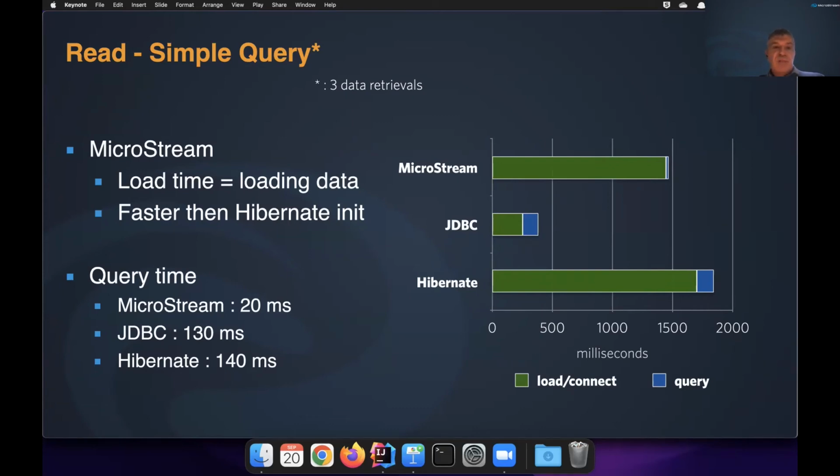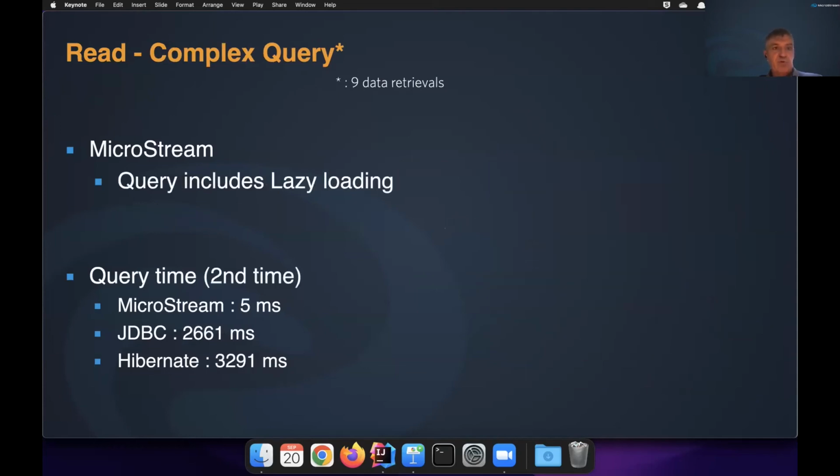But once the system is ready, so you only need to initialize it the first time, you see the blue blocks: querying the data with MicroStream is only 20 milliseconds, JDBC is 130, Hibernate 140, so they are comparable. So that means that reading the customer table through MicroStream takes 7 times less time than the traditional approach with Hibernate. It can be even better if you go to much more complex queries.